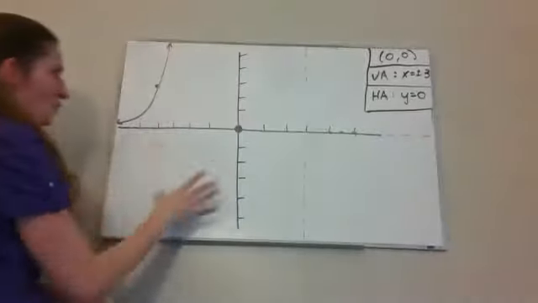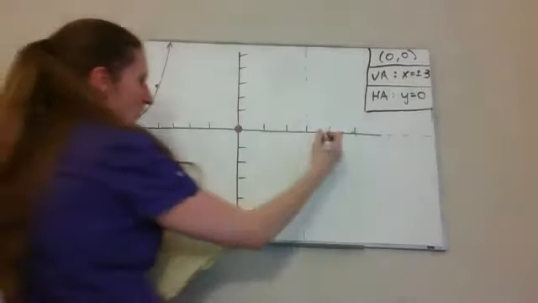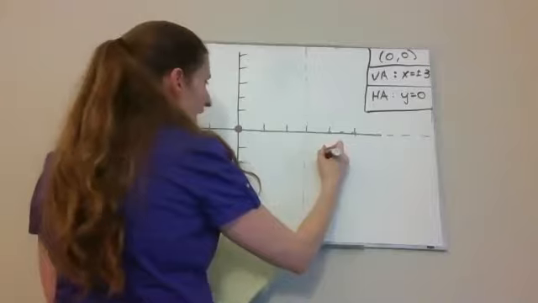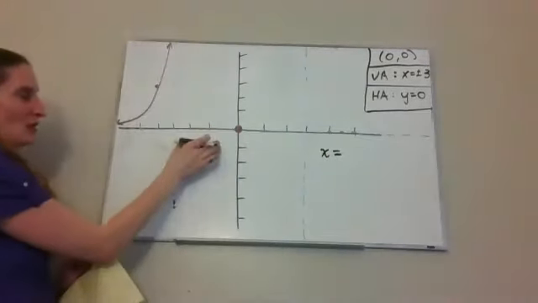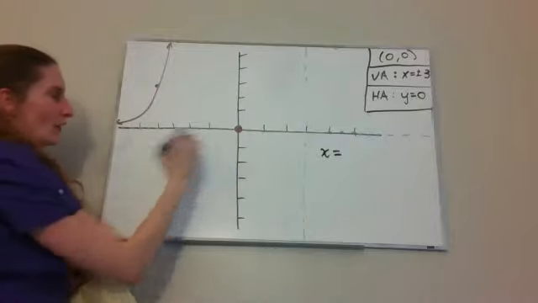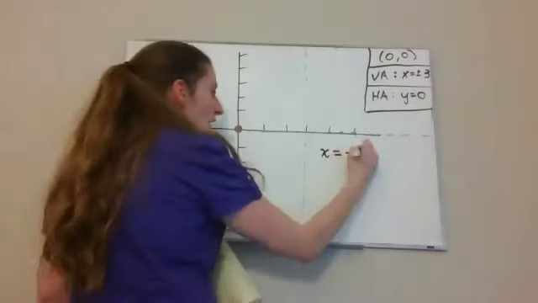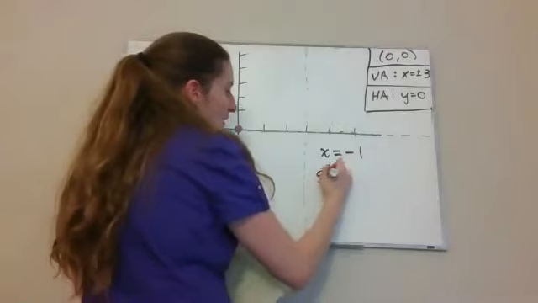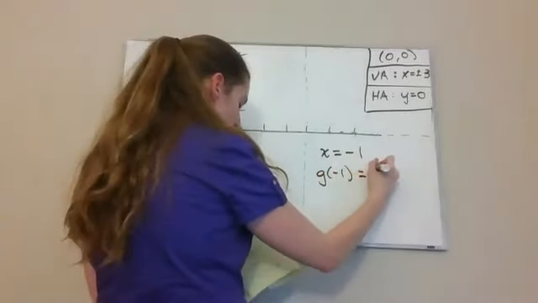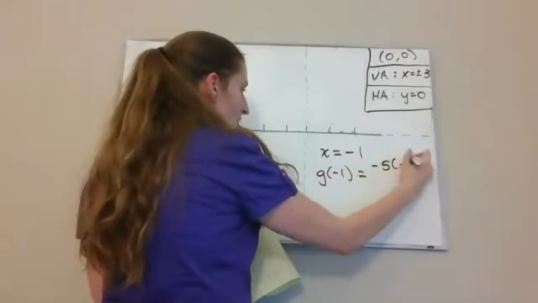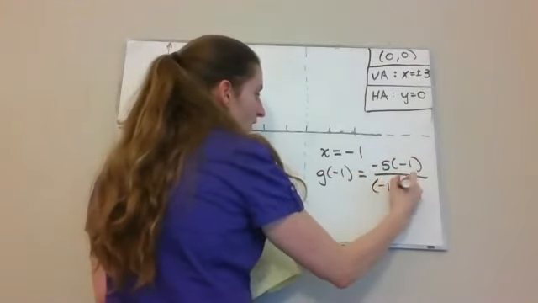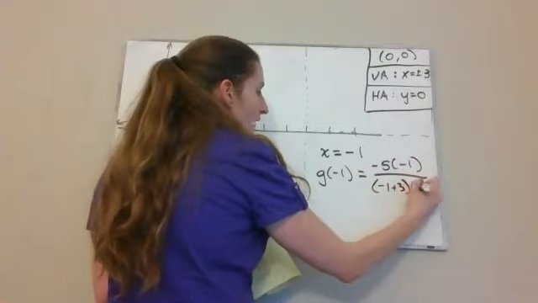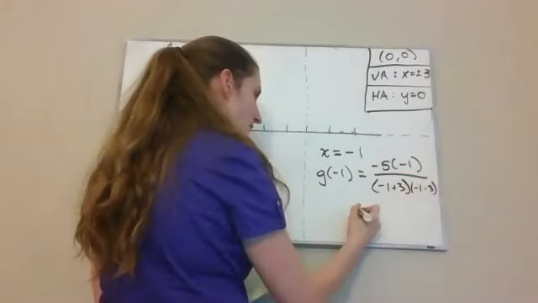All right, so since I'm working right here right now, let me just write all the work over here. I need to find a value for some point in between here. So between -3 and 0. I'm going to use -1. G of -1 would be equal to -5 times -1 over (-1 plus 3) times (-1 minus 3).